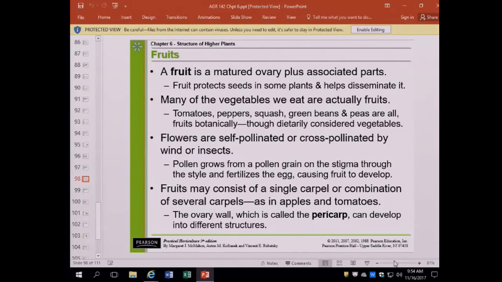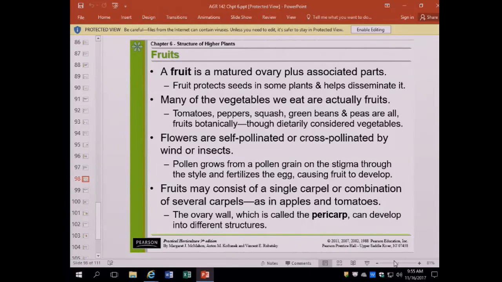So a fruit is an item or a plant part that protects the seeds. So that's why we're talking about pepper, squash, green beans. Green beans don't have any sweet taste to them, but they're botanically a fruit because the hull of the bean protects that embryo or the seed of it. And that's what we're talking about. Pea is the same way. They're all fruits botanically, but for dietary purpose, they're considered vegetables.